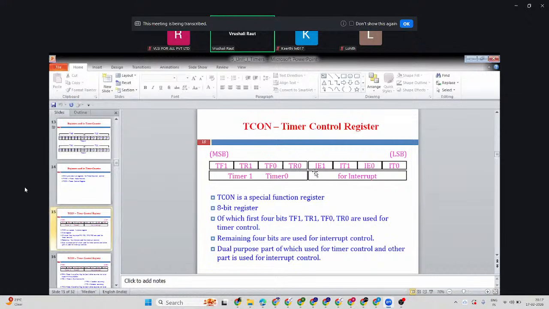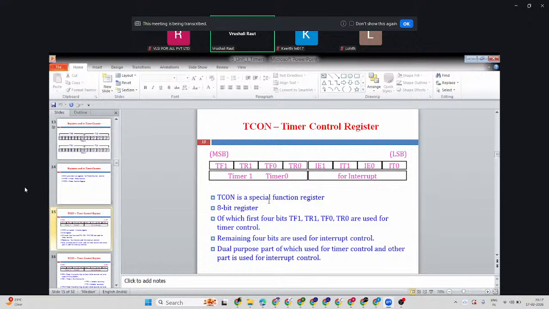These remaining 4 bits in the timer control register are related with interrupt. Later on we'll check them. At present we are looking at timer. So the 4 MSBs, bits 7, 6, 5, 4, are related with timer 0 and timer 1.